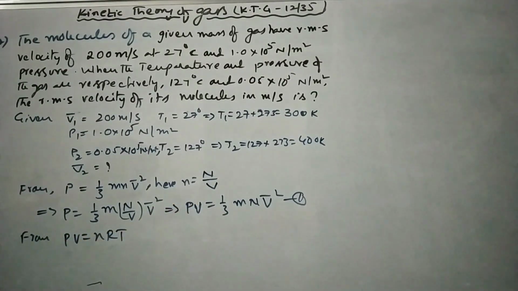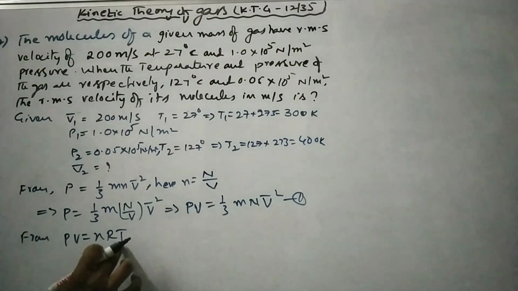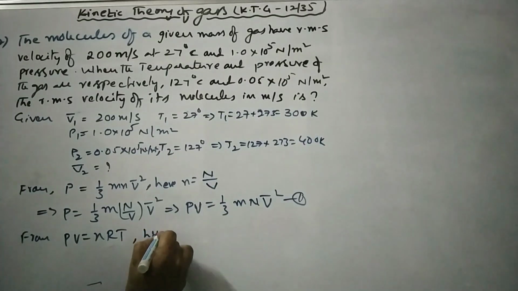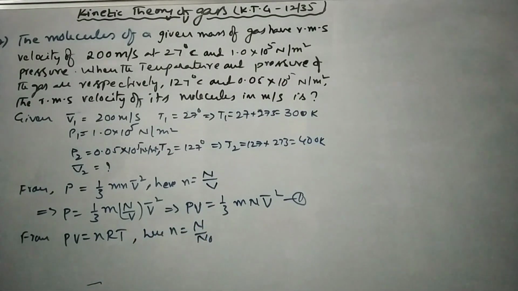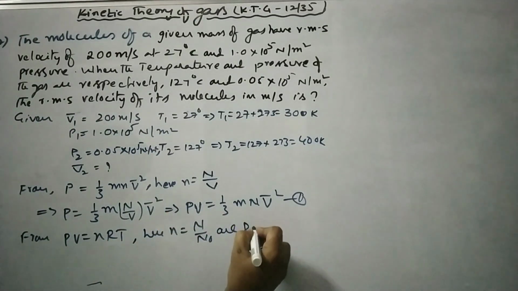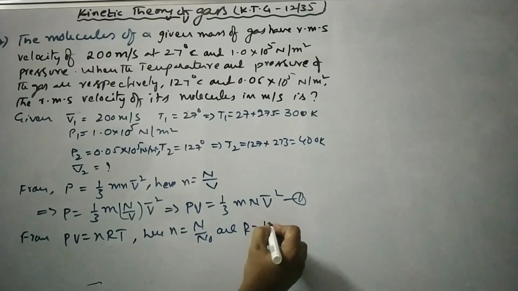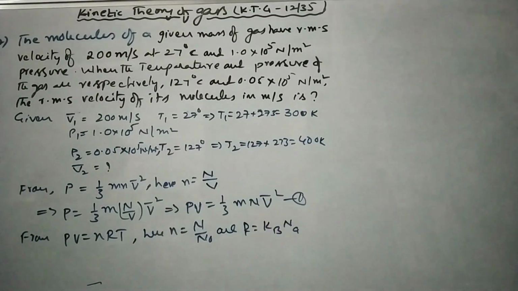Now equating these two, because PV is equal to this thing and PV is also equal to this thing, but this is further modified. Here n is equal to N by N naught, the number of molecules per Avogadro number, which is nothing but the number of moles, and R is the universal gas constant, R equal to Boltzmann's constant into Avogadro's number.